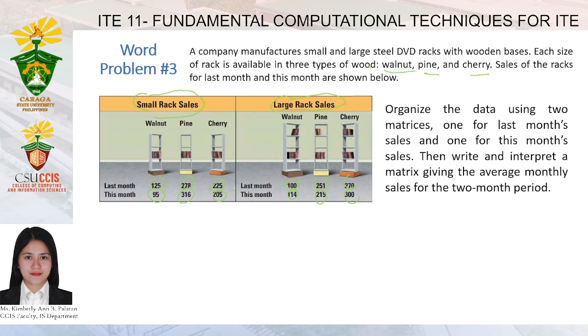Organize the data using 2 matrices, one for last month's sales, and one for this month's sales. Then write and interpret a matrix giving the average monthly sales for the 2-month period. Okay, so let's arrange first our matrix. So, ato na siyang i-write in a form of matrix.